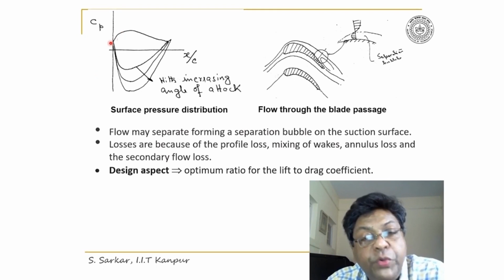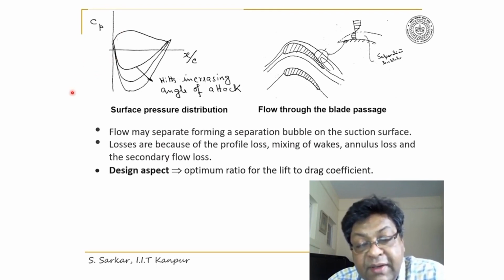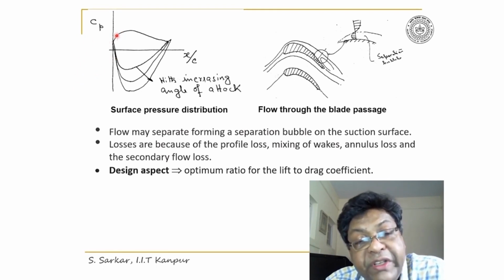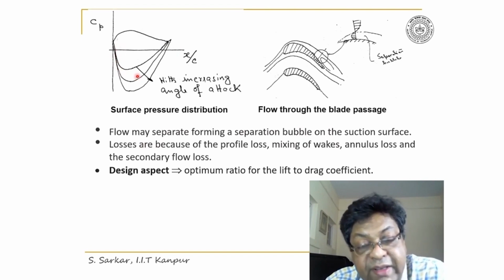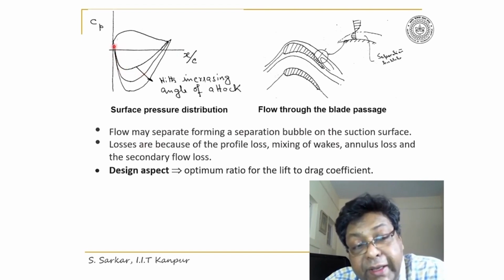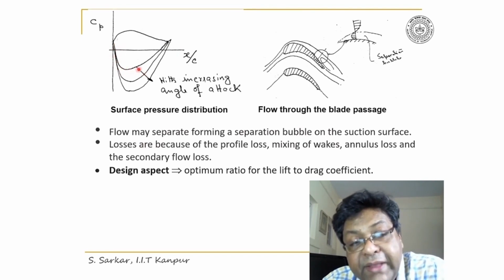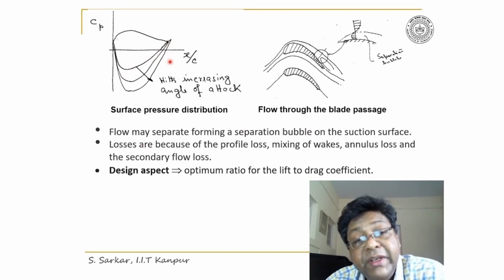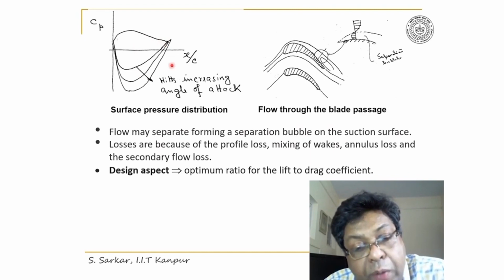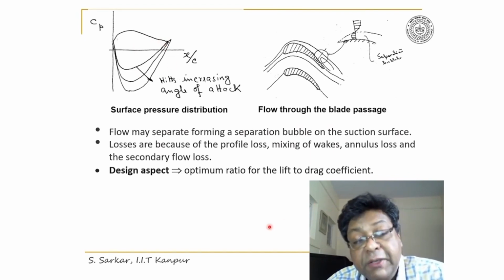From the pressure distribution, one can appreciate that the flow decelerates on the pressure surface, while the flow accelerates in the first half of the blade and then diffuses in the second half of the blade. Therefore, the second half of the blade experiences an adverse pressure gradient.